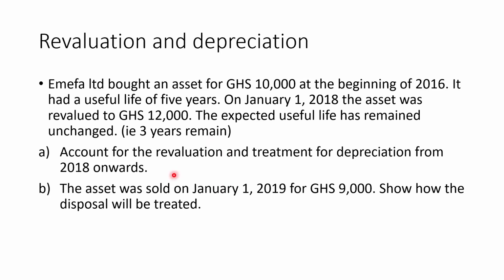On January 1st, 2018, the asset was revalued to 12,000, that's 3 years remaining. A. Account for the revaluation and the treatment for depreciation from 2018 onwards. B. The asset treated.